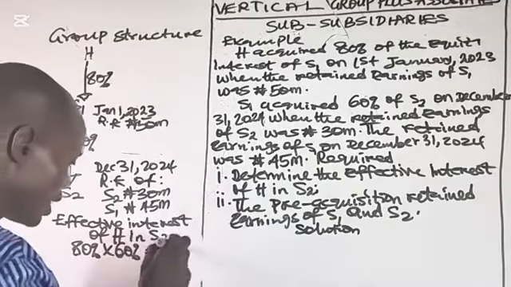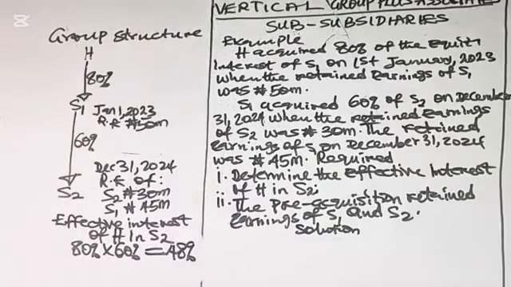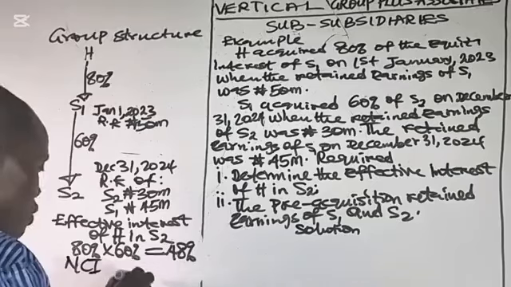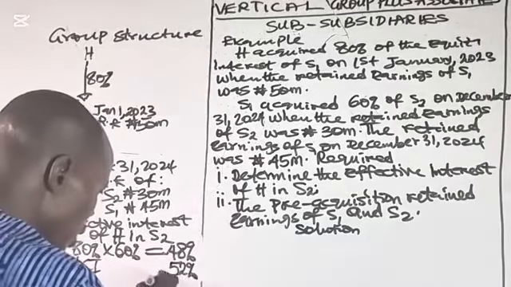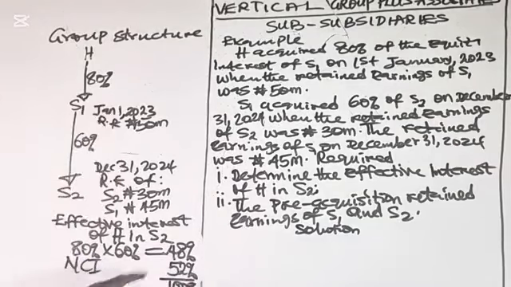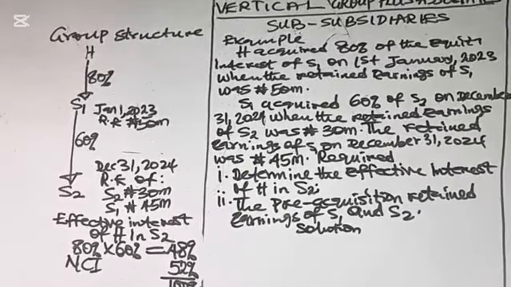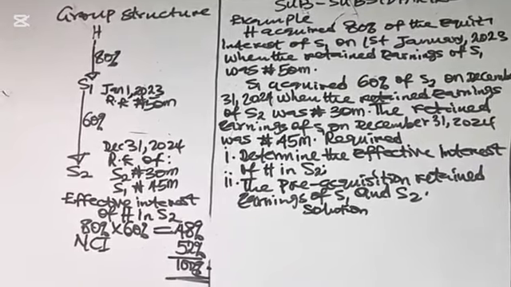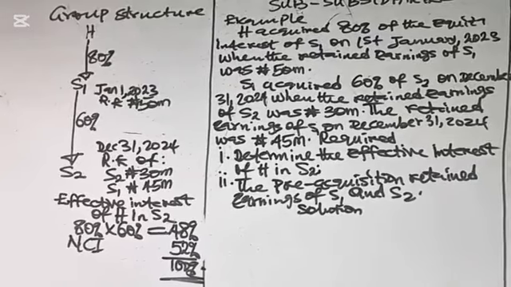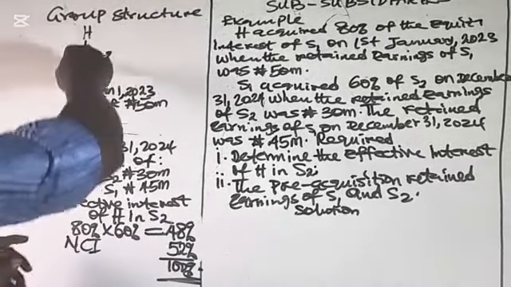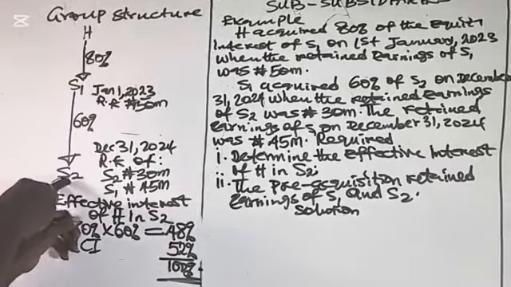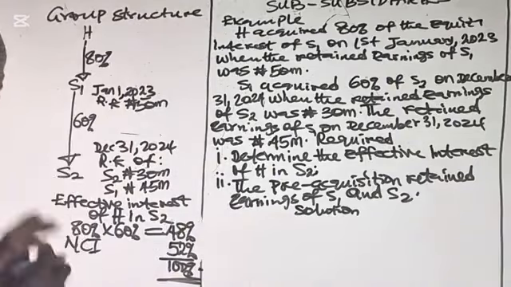That gives us 48%. This shows that H will be exercising an indirect control of S2. Therefore, NCI will own the remaining 52%. Total will be 100%. Don't say because the NCI owns a larger percentage that S2 is not a subsidiary. No, S2 is still a subsidiary inasmuch as S1 controls S2.